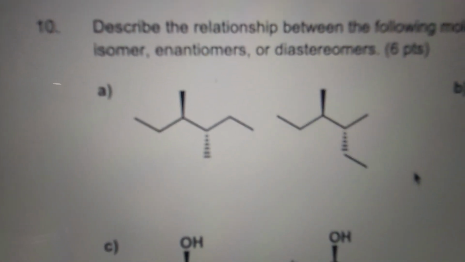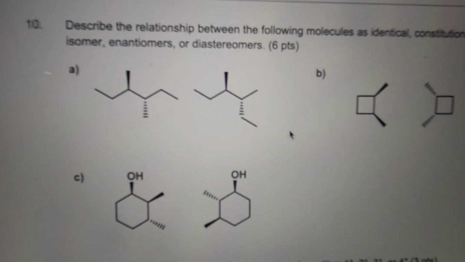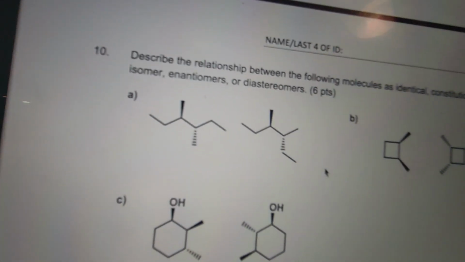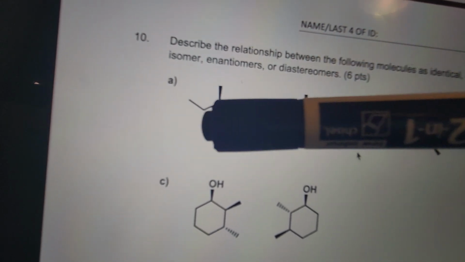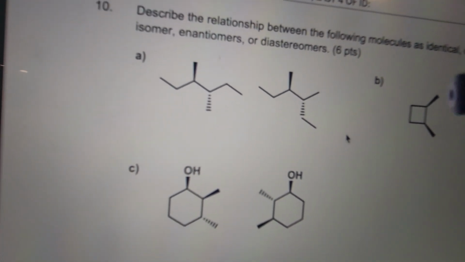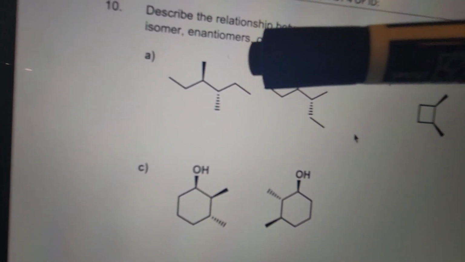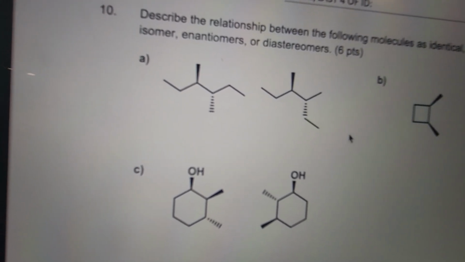So in this first example, you can identify the parent chain. So it's going to go 1, 2, 3, 4, 5, 6. And here it can do the same. 1, 2, 3, 4, 5, 6.